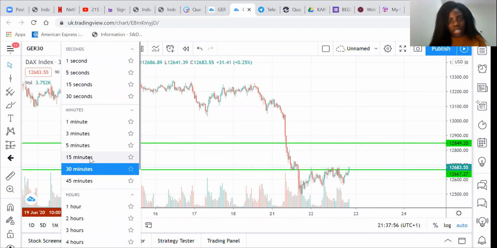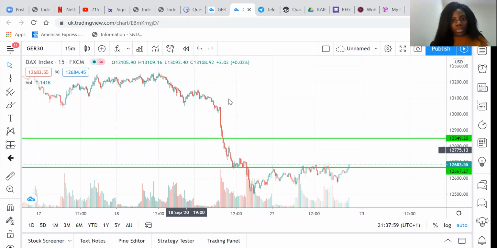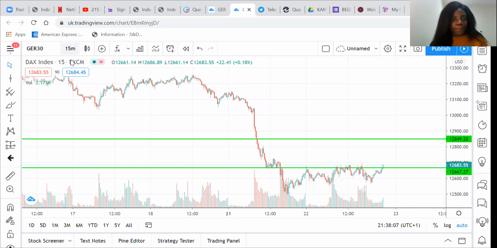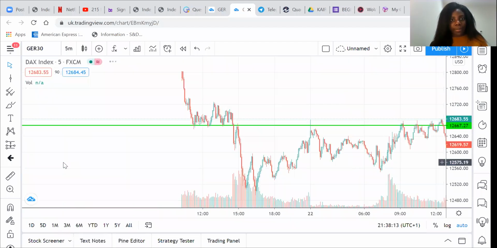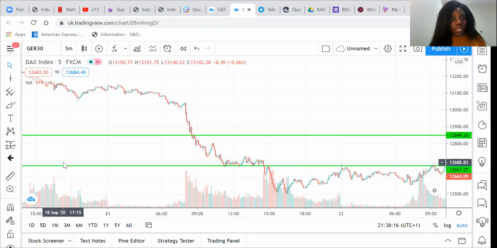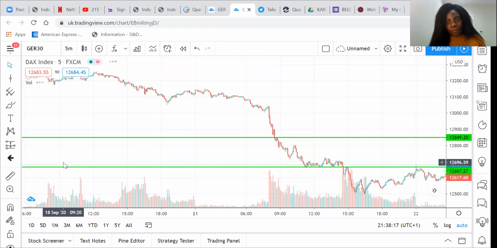If I go into the 15, you see it a little bit more. You could also see it on the 5-minute. But for example, I was looking at a zigzag for DAX.